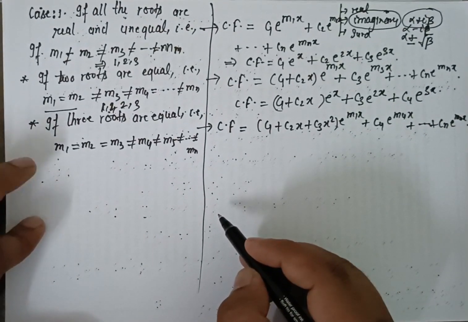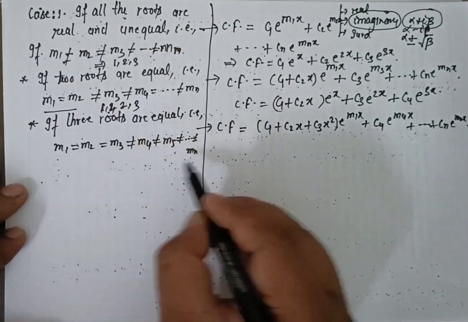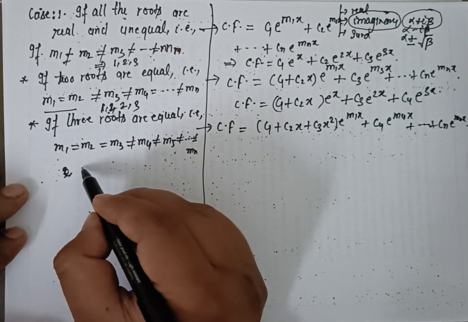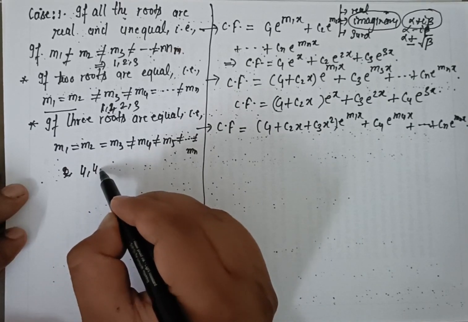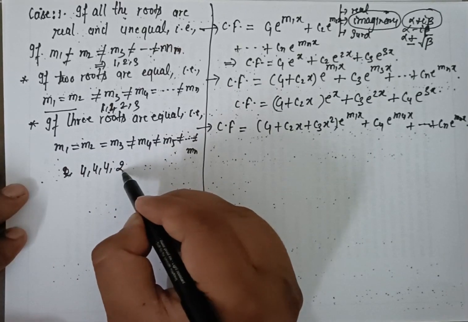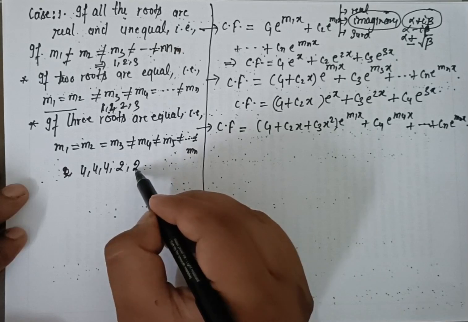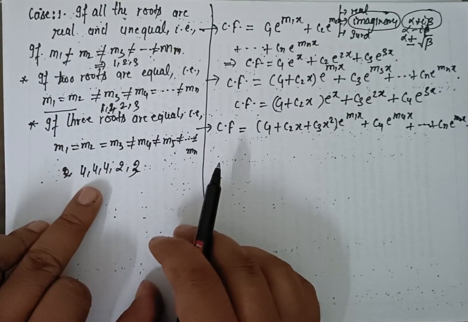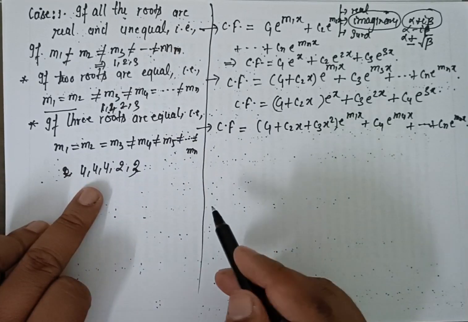Okay, so in case the three roots are equal, like 4, 4, 4, 2, 3, you may take different values. For example, you have 5 roots, and 3 roots are identical and 2 roots are different.